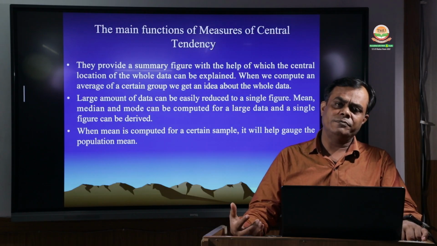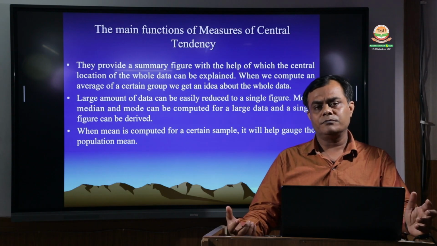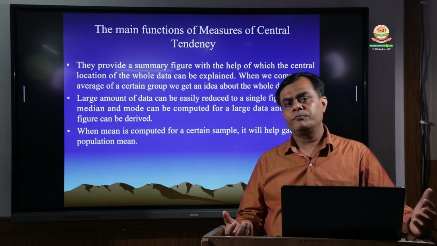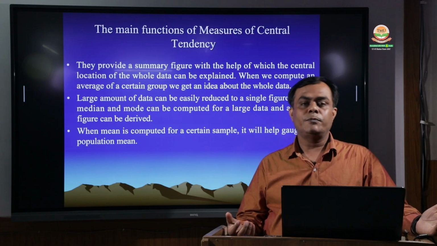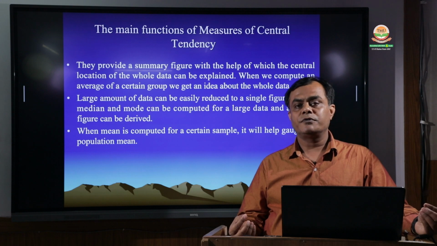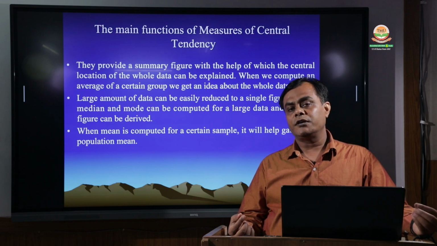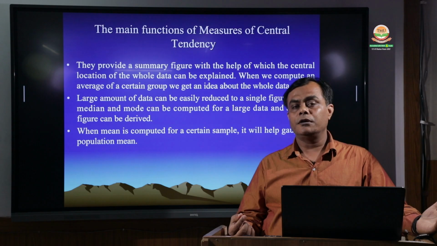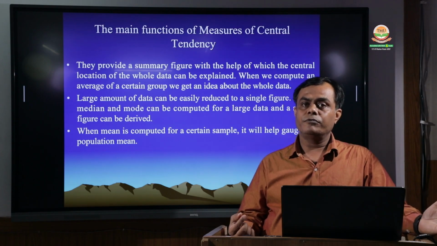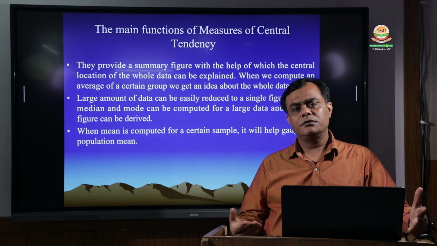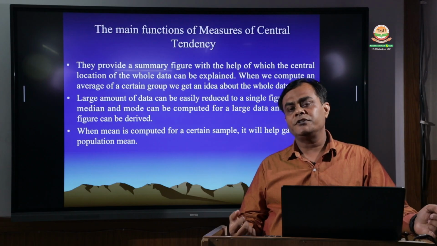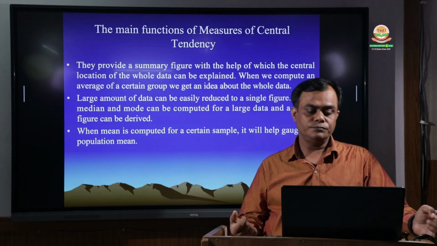Take the example of per capita income. We know that the population of India is 140 crore, and the per capita income is obtained by dividing the total income by the number of population, and that gives us one single figure for the whole population.